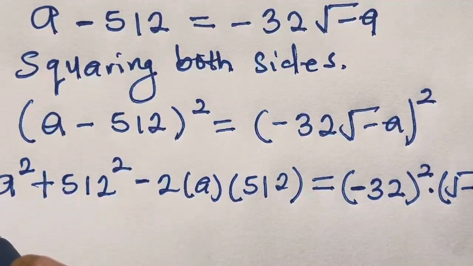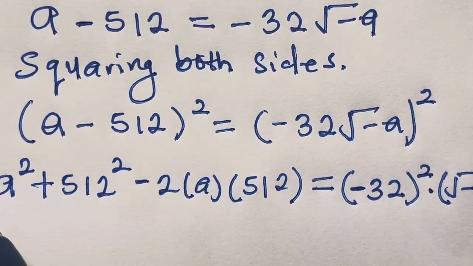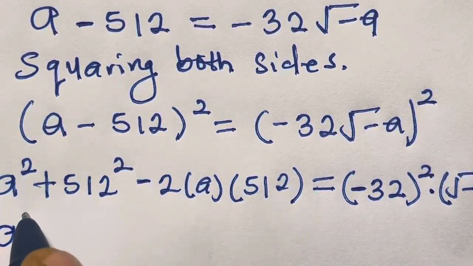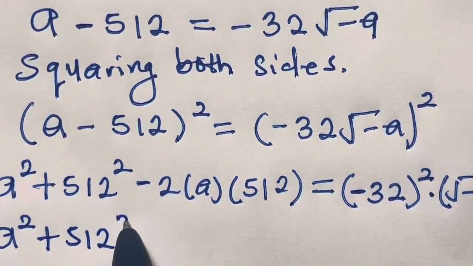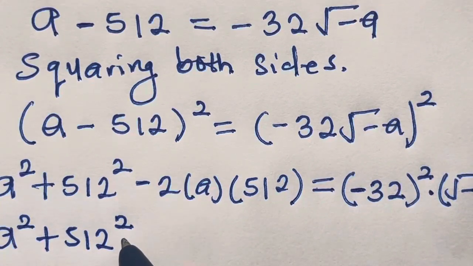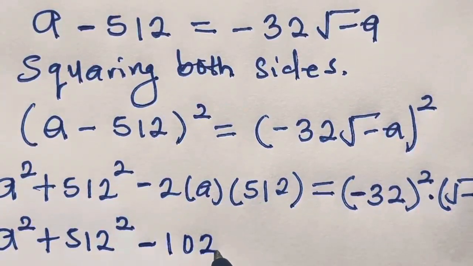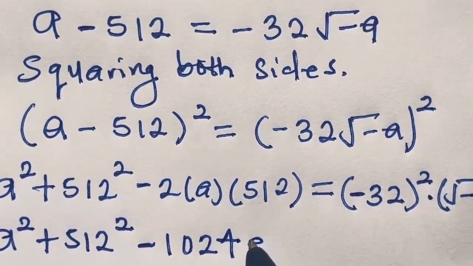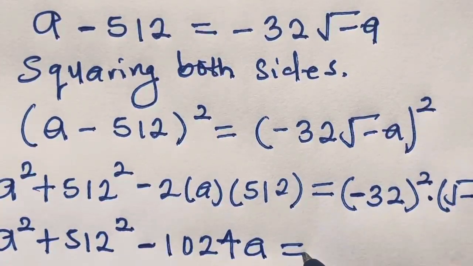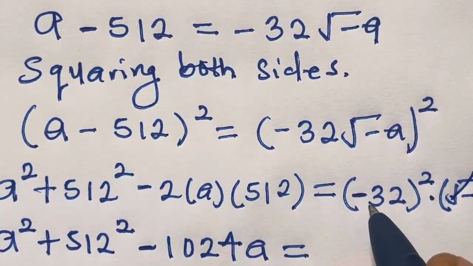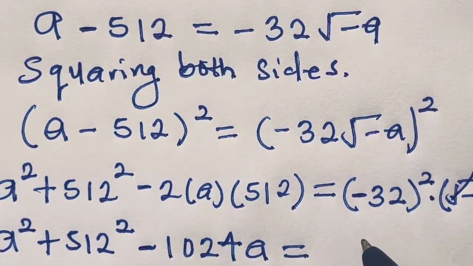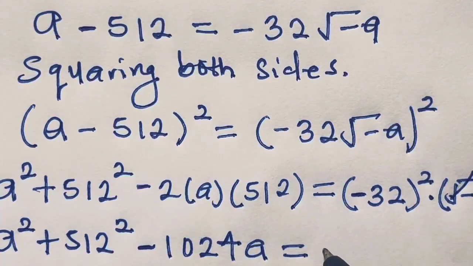So we will have a squared plus 512 squared. If we multiply this, we are going to get minus 1024a equals, this square cancels this square root, and minus 32 squared gives us 1024 times minus a.